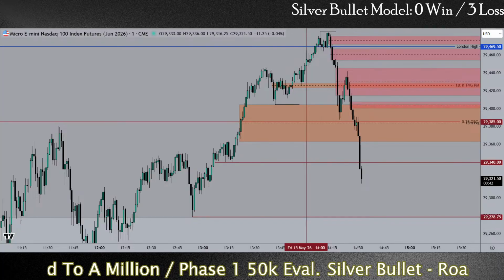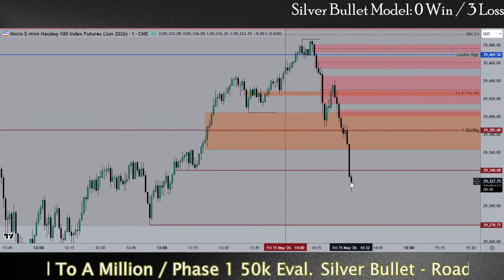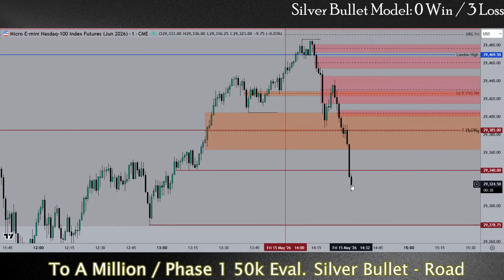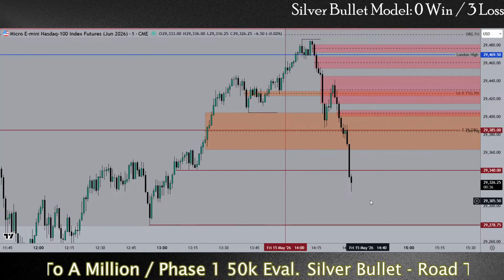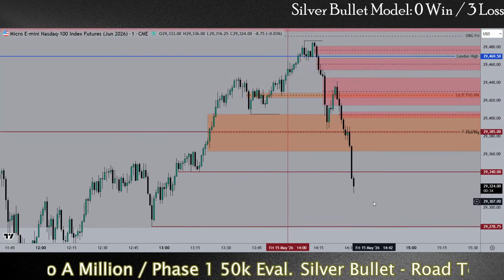So it looks like it's really speeding up towards the sell side here at this moment.